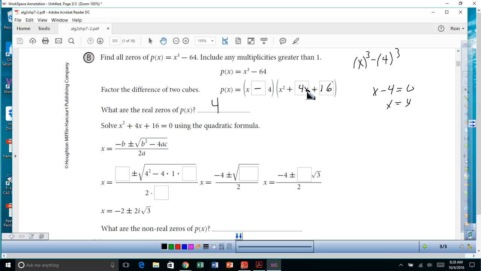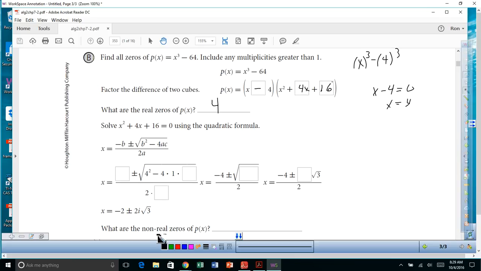Now, x squared plus 4x plus 16, a while back we called that irreducible, which meant it didn't have any real roots. But it does have some complex roots, and the way to get those is with the quadratic formula. So x squared plus 4x plus 16 equals 0.